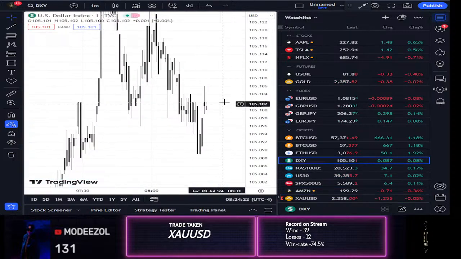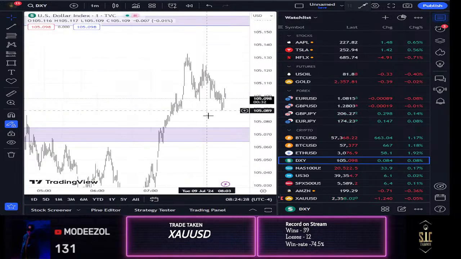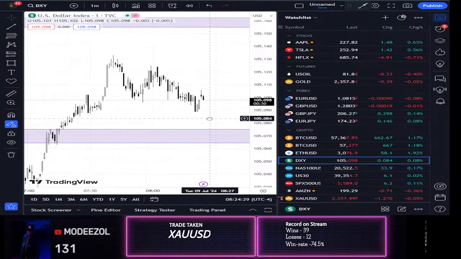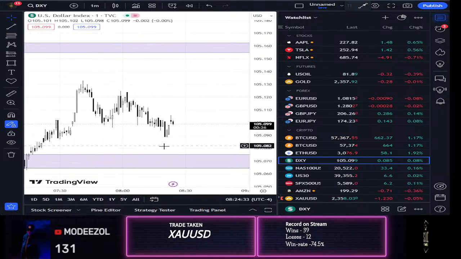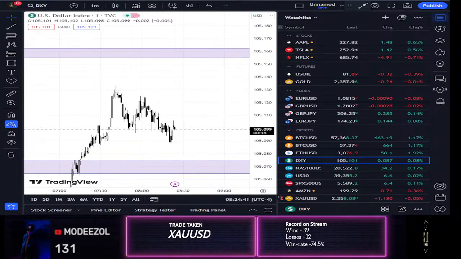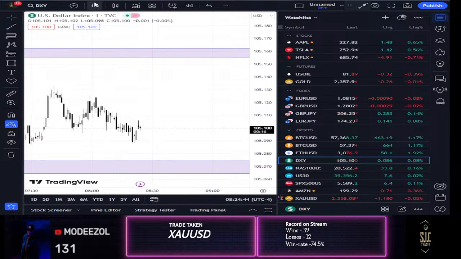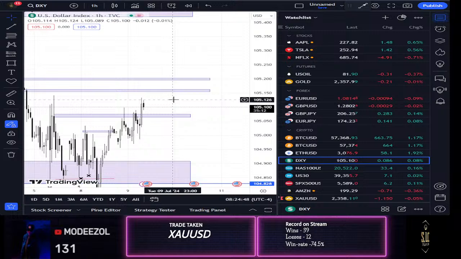So it looks like the first initial on DXY. I don't know why this DXY looks like this. Alright. Oh, my bad, y'all. Brain fart this morning.